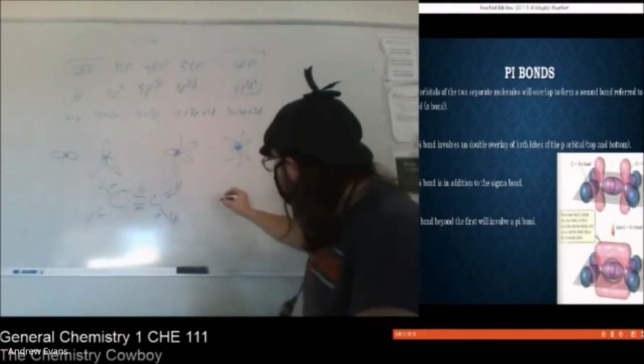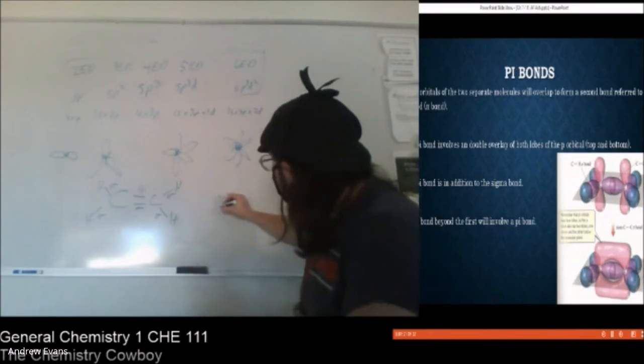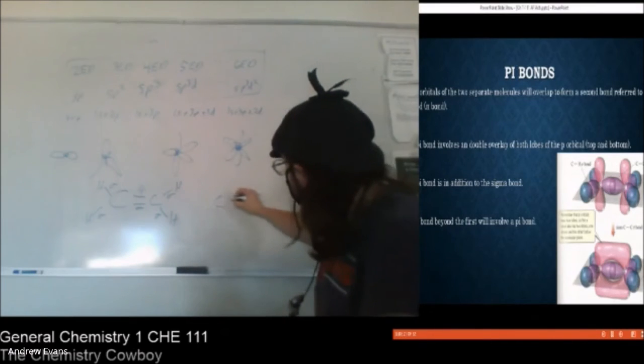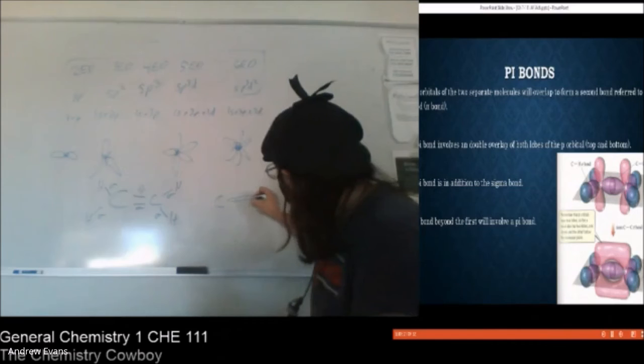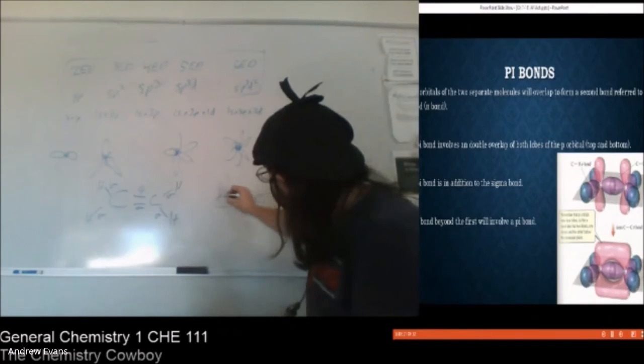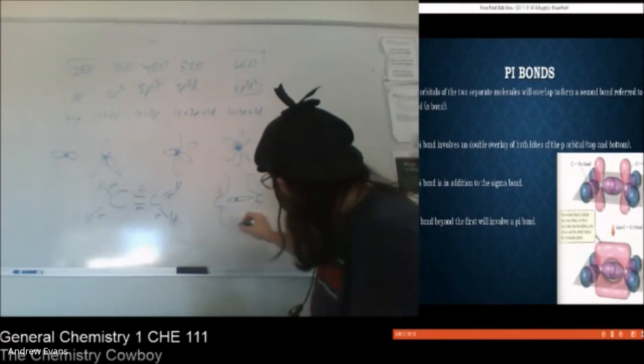Essentially, between these two carbons, we have our single overlap. But these p orbitals are going to start to move in towards each other.